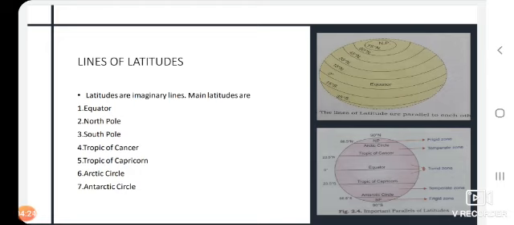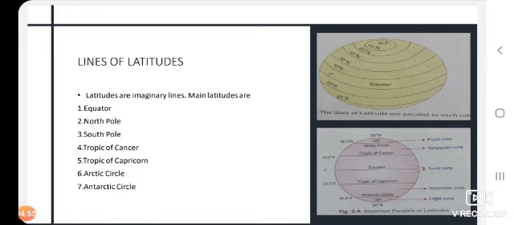These latitudes join all the places that have the same latitude towards north or south of the equator. And children, these latitudes give the angular distance of a place from north or south of the equator. They are marked in degrees, with the equator being 0 degrees.